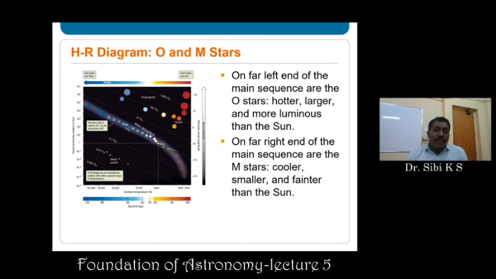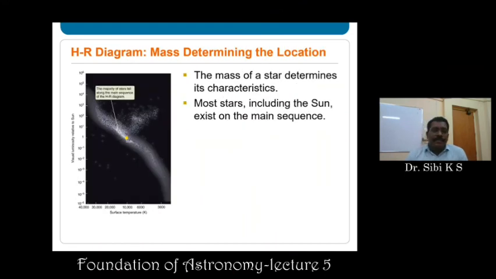On the far left end of the main sequence are O stars, which are hotter, larger, and more luminous than the Sun. On the far right end of the main sequence are the M stars, which are cooler, smaller and fainter than the Sun.